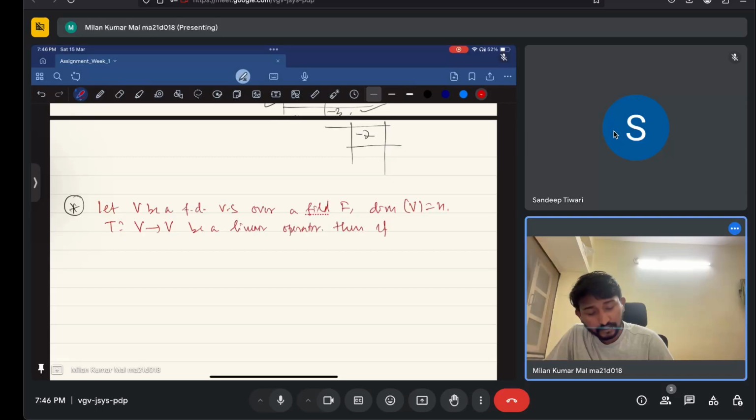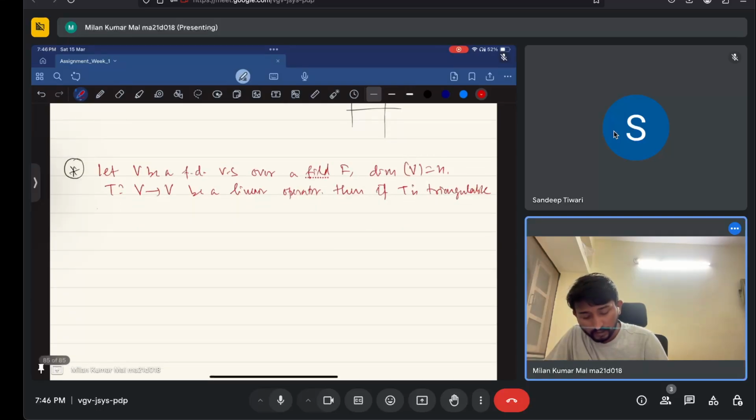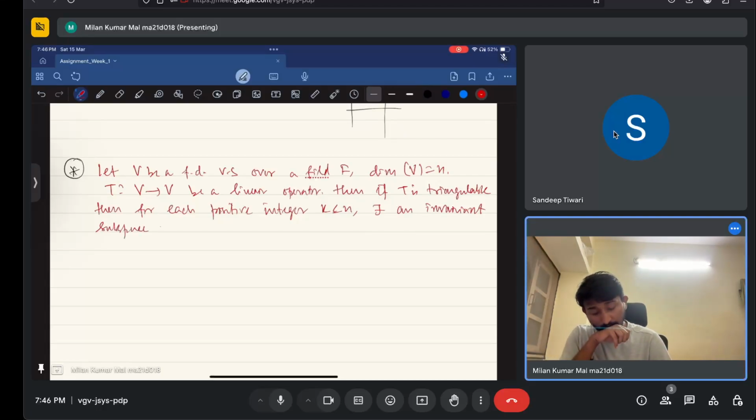Then if T is diagonalizable, T is triangulable, then for each positive integer k less than or equal to n, there exists an invariant subspace W_k.